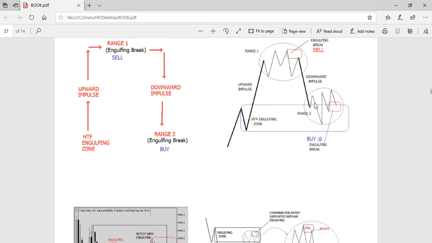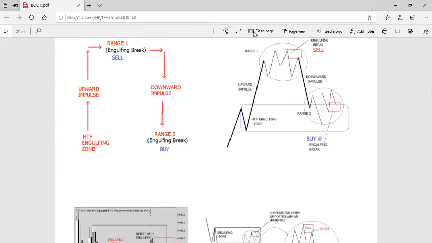Inside this zone, you must see a range too, at the top, and then inside that range, another range within the higher time frame zone. When you see this range, you look out for an engulfing break. When you see an engulfing break like this, price must pull back into it, then you take the trade into that leg.